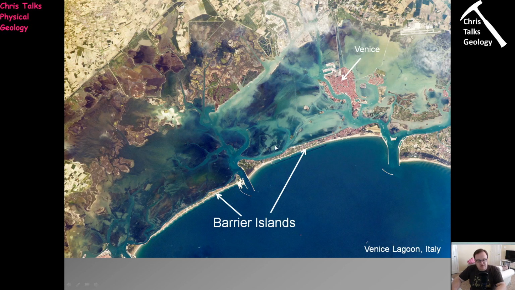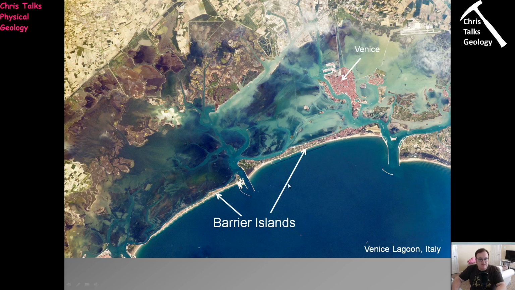Most lagoonal sequences are dominated by clay and silt, maybe a little bit of sand, and within the sediment itself you're going to have lots and lots of organic activity, lots of burrows, the odd plant fossil, the odd freshwater or saltwater fish fossil.